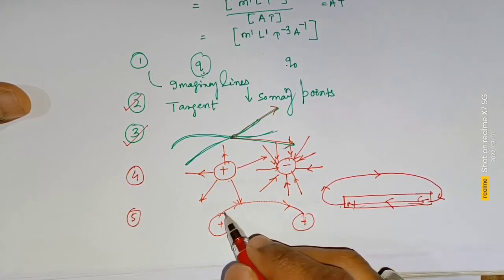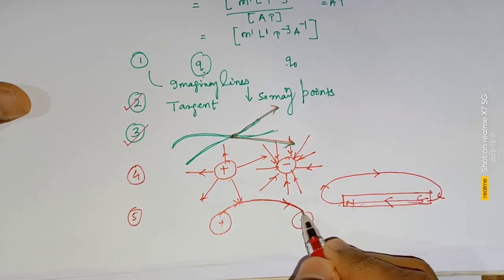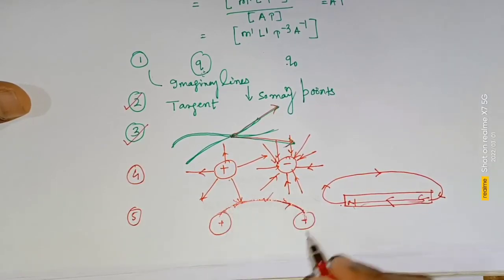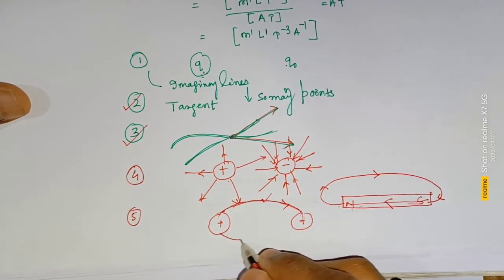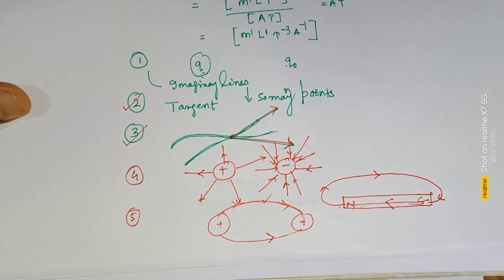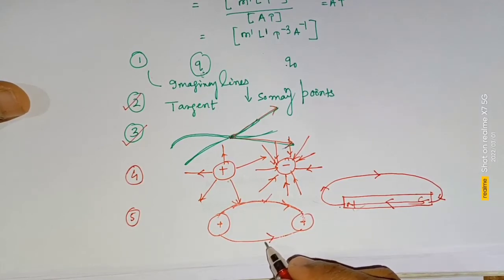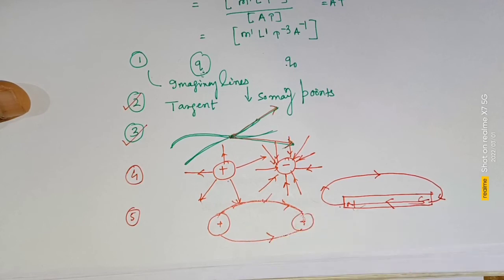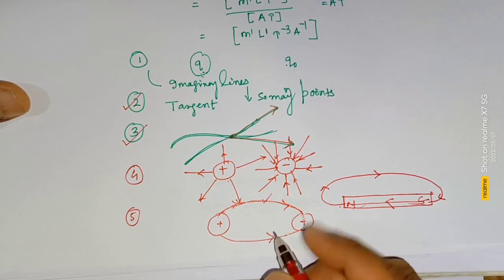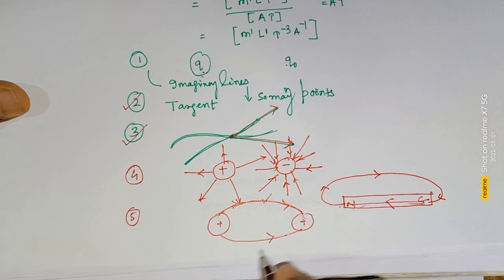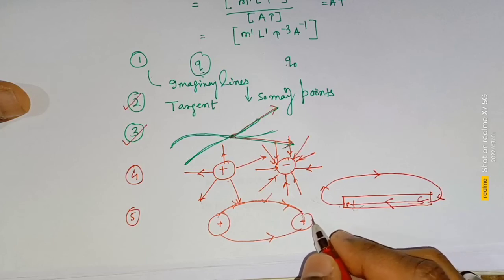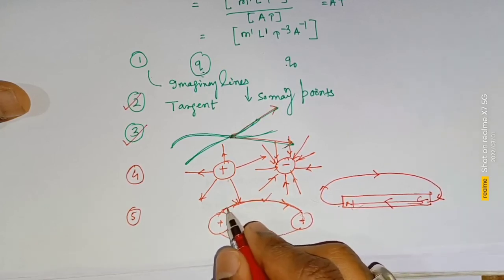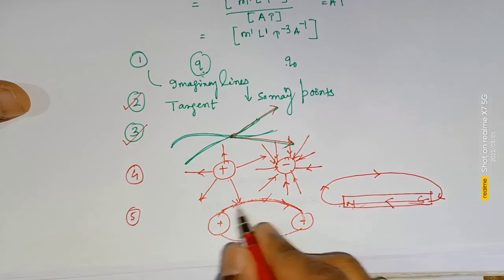So you can say in space the field lines are continuous, but overall the electric field lines are discontinuous in nature. Why? Because electric field lines never form closed loops. Overall it is discontinuous in nature, but if you consider only the space part, it is continuous in nature.